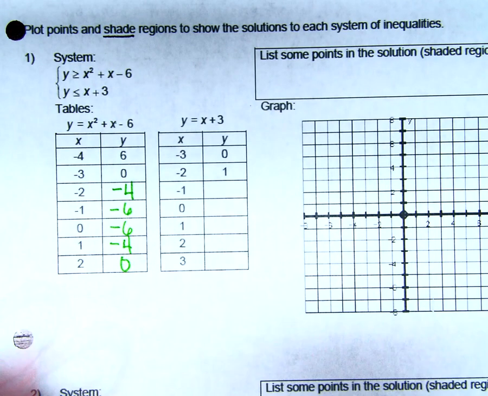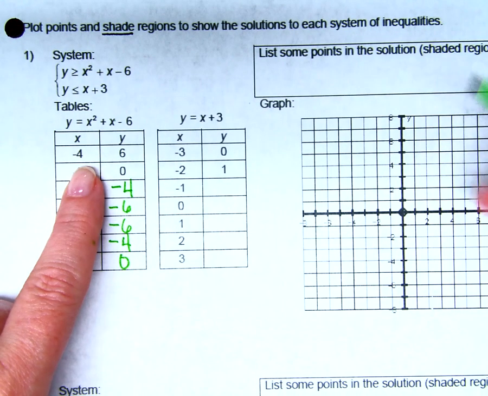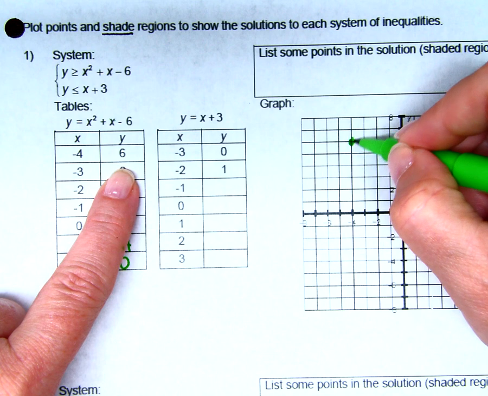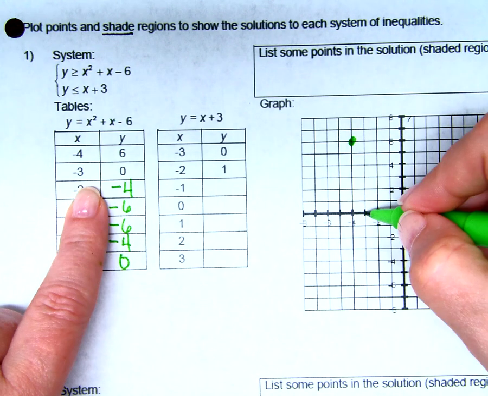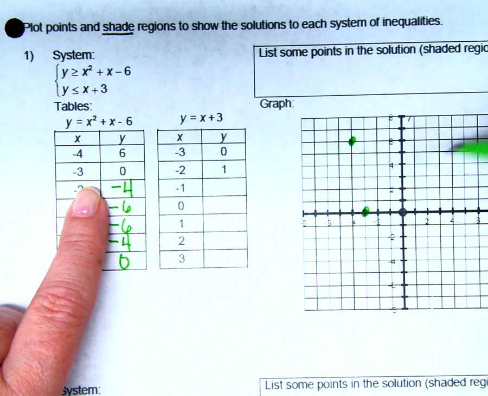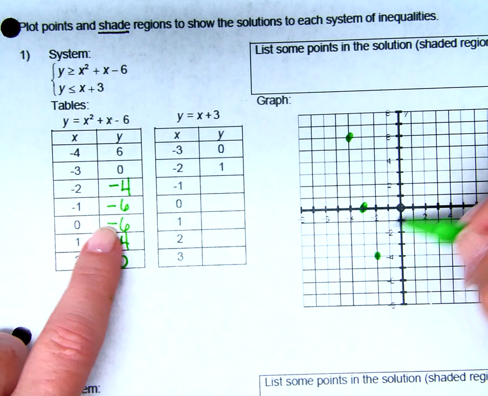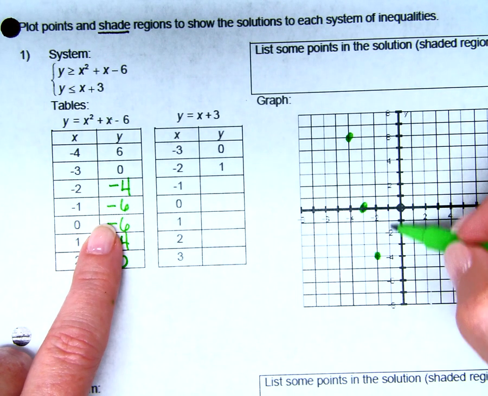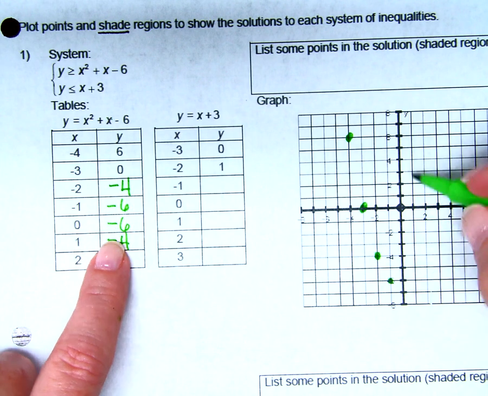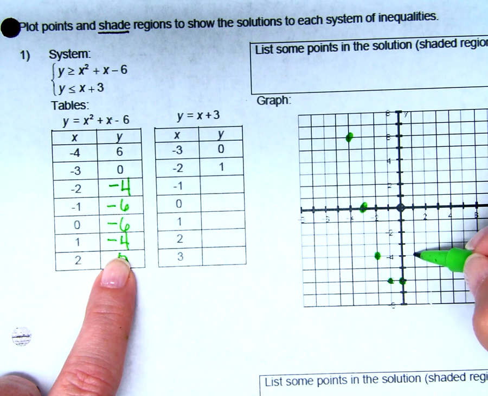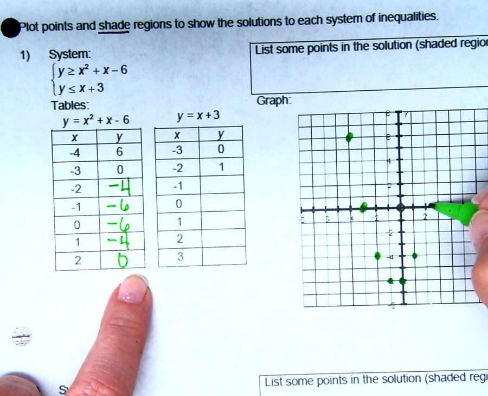Okay, so let's go ahead and plot these points. -4, 6. -3, 0. -2, -4. -1, -6. 0, -6. 1, -4, and 2, 0.